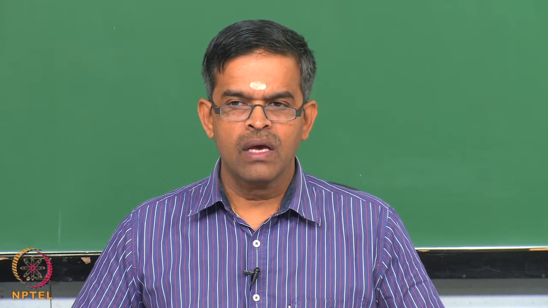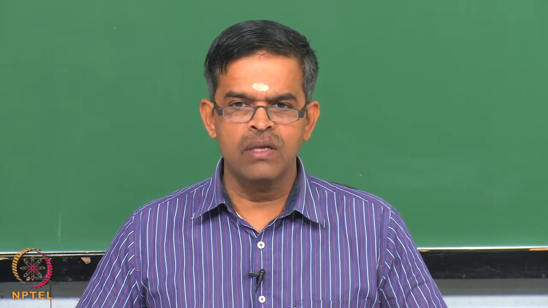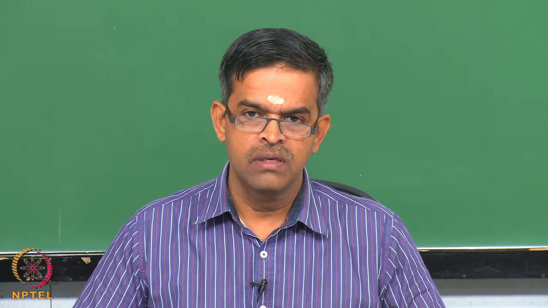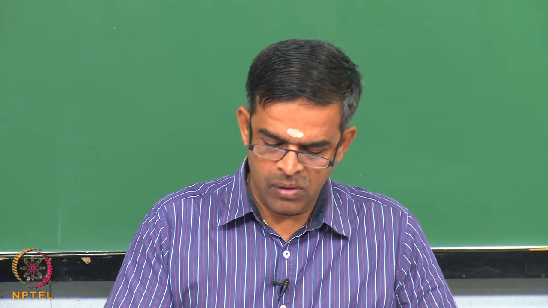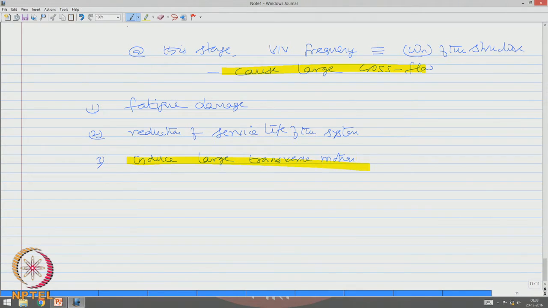Many mooring lines or cable stayed bridges have been analyzed for this. One important failure is the Tacoma bridge, which has failed in one of such consequences. So, large transverse motion initiation is a major drawback when VIV is induced in the system.